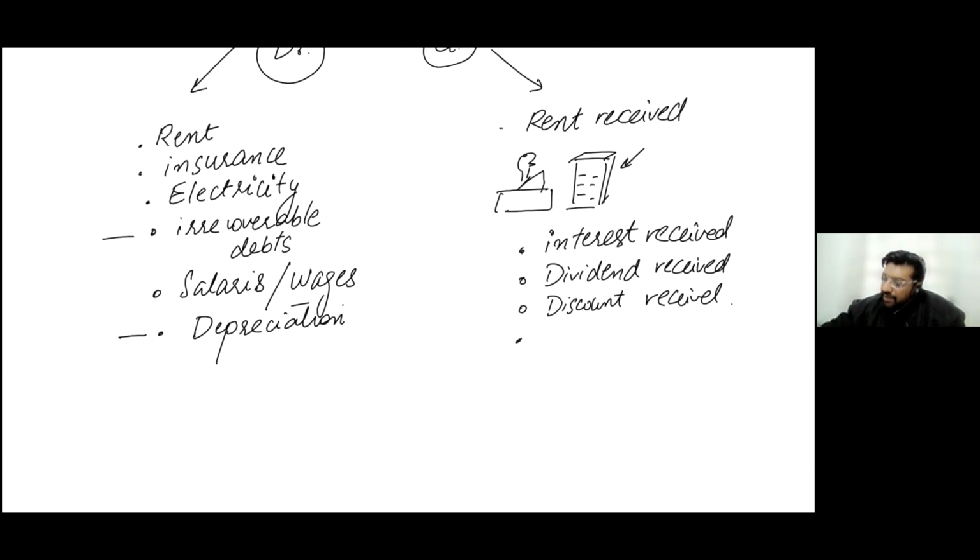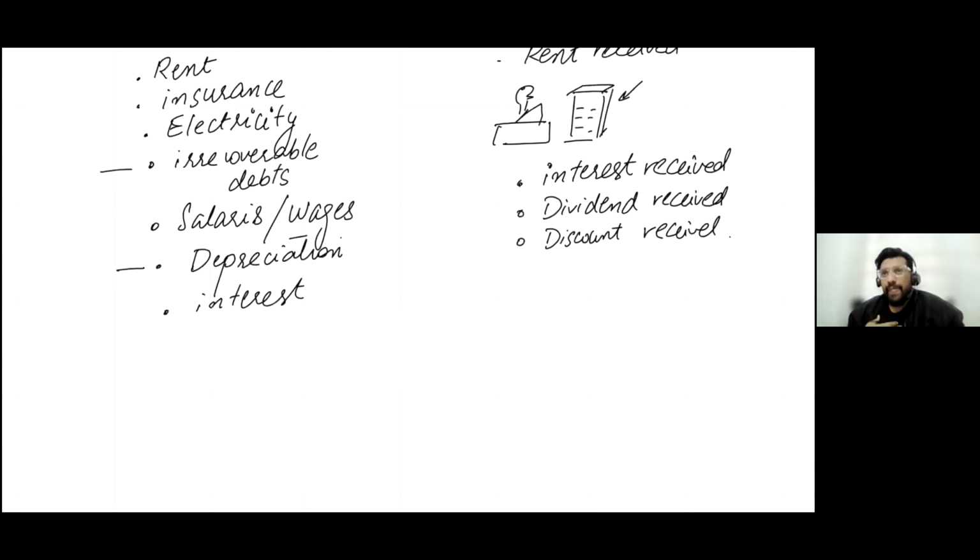So interest paid is an expense, interest received is an income. Rent paid is an expense, rent received is an income. Rent paid is for the premises that we got on rent and we are paying rent for that. Rent received is for the premises that we own and we rent it out to someone else.